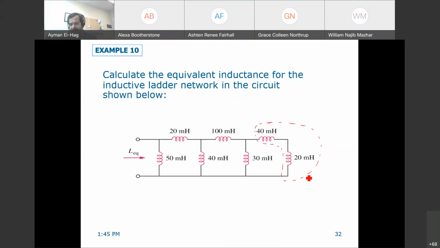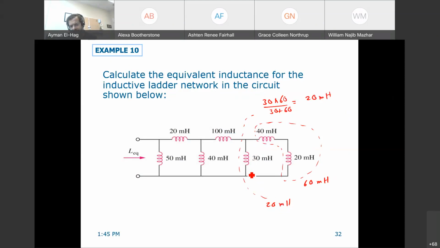You add them, so this becomes 60 millihenry. Now these two are in parallel, so you multiply them and divide by their summation: 30 times 60 divided by 30 plus 60, everything in millihenry, which is equal to 20 millihenry.